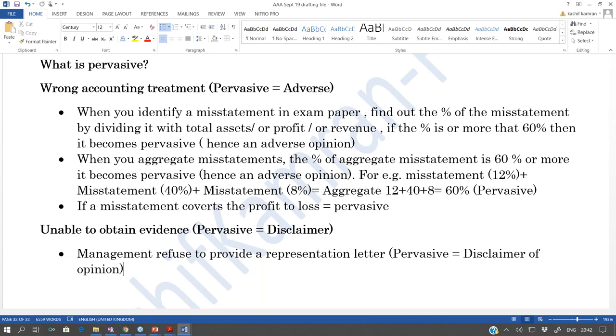These are all material situations. The only situation which comes under pervasive is when the management refused to provide a representation letter, which automatically becomes a disclaimer of opinion. Is that clear with everyone? Is everyone sound on the first frequently asked question? Okay, the next one.